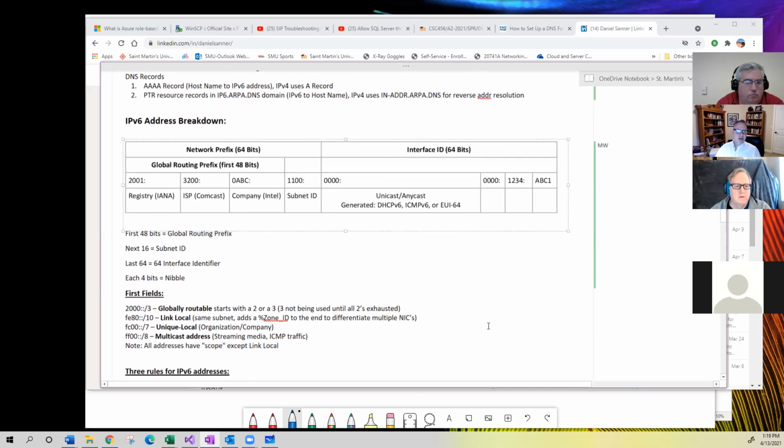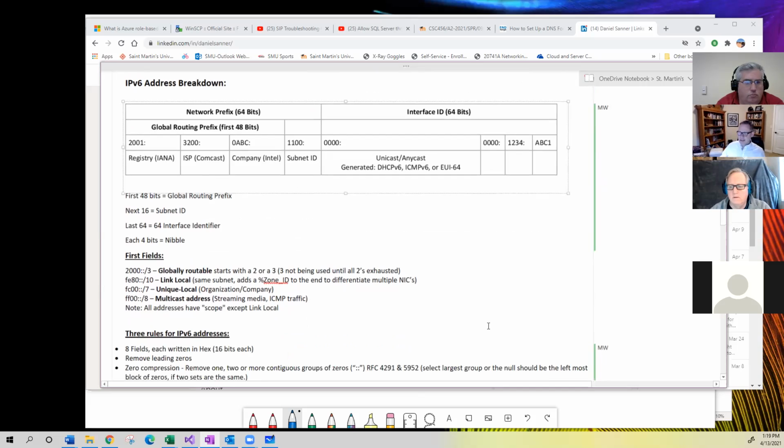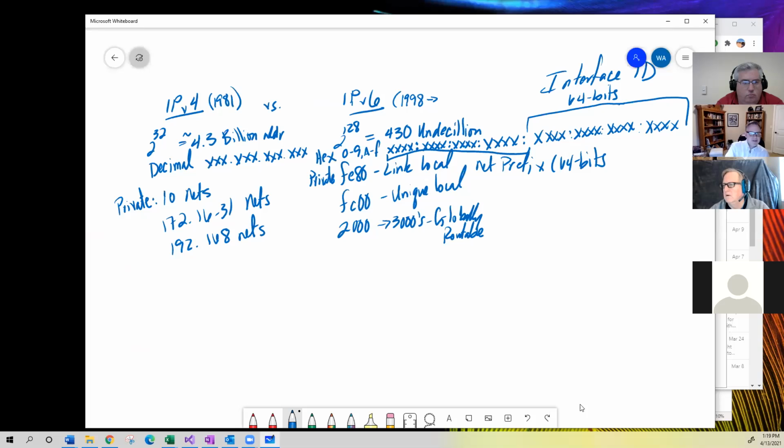So the subnet ID is the subnet. Where we used to have an IP address, you had a separate subnet mask, remember? That was 255, 255, 255.